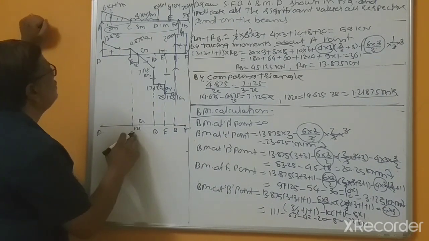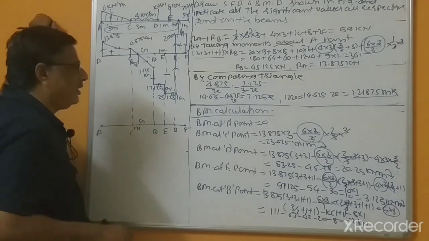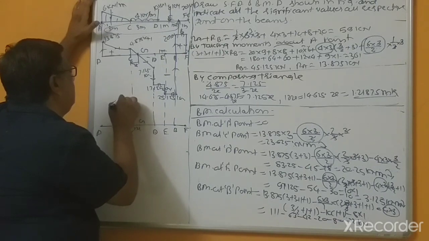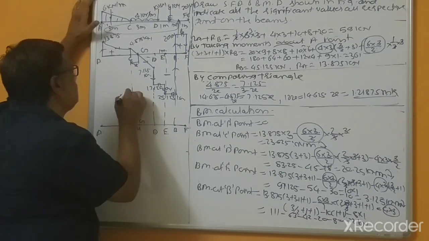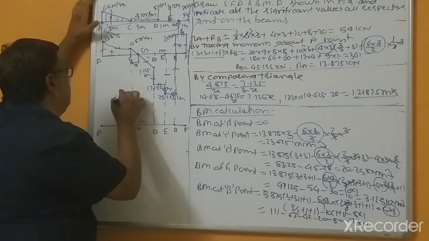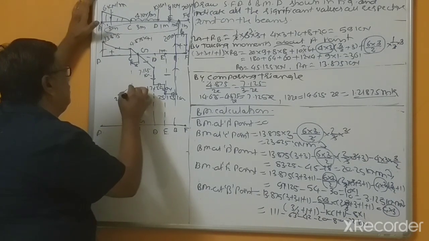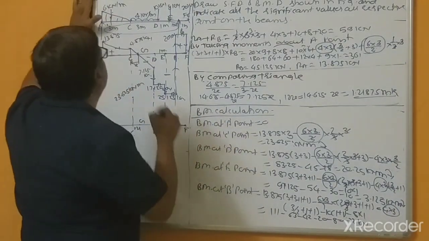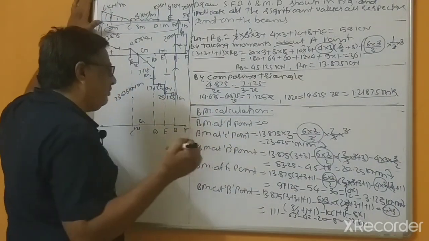This point is the G point and C point. At C point, 23.625 kilonewton meter, and at G point you will get the maximum bending moment.